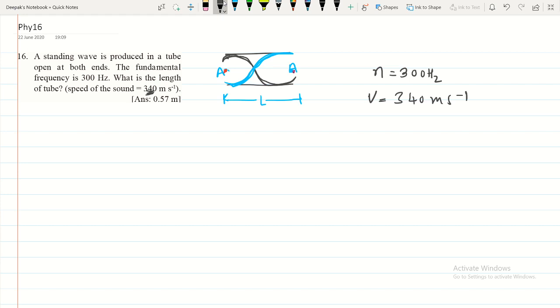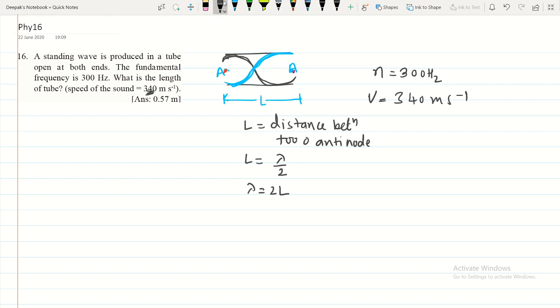So they ask you to find the length L. In this problem L is equal to the distance between two antinodes. So what is the exact distance between two antinodes? That is equal to lambda by 2. So lambda will be twice L, right? This 2 will get multiplied to the L.